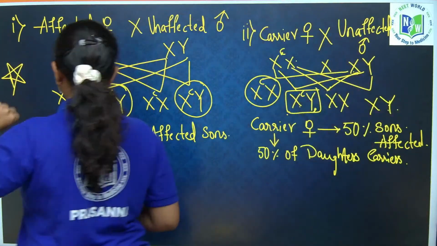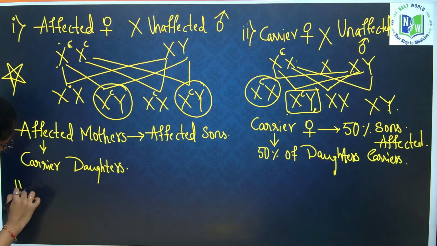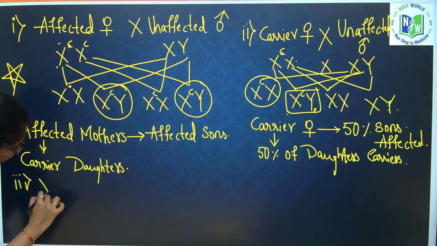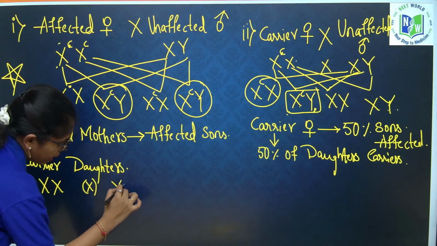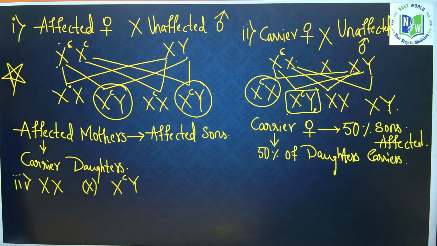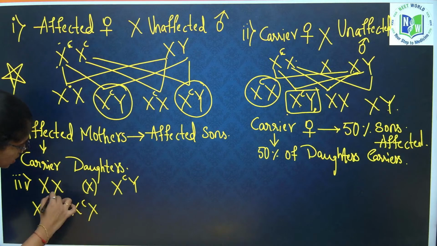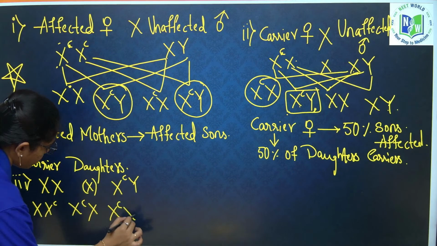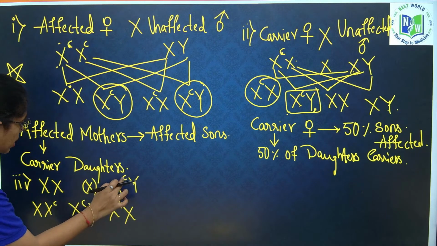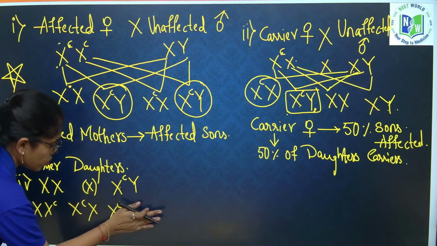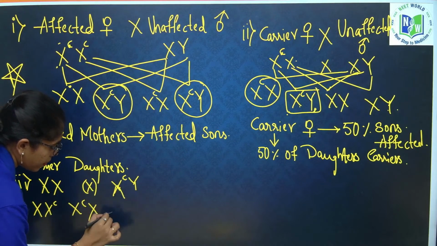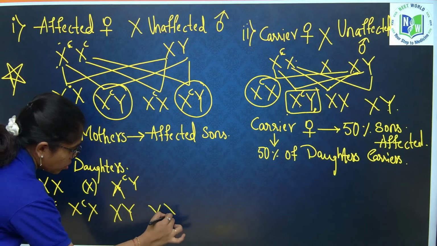Third set of cross is between unaffected female and affected male. What offsprings can we get? XCX, XCX, and then XY, XY.